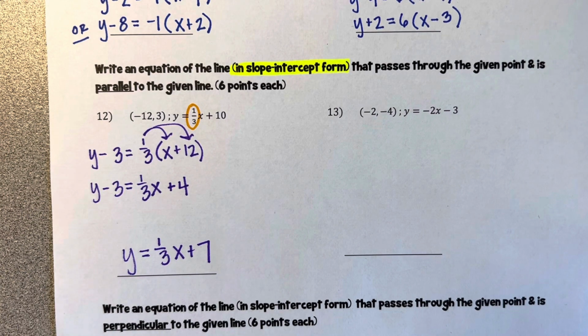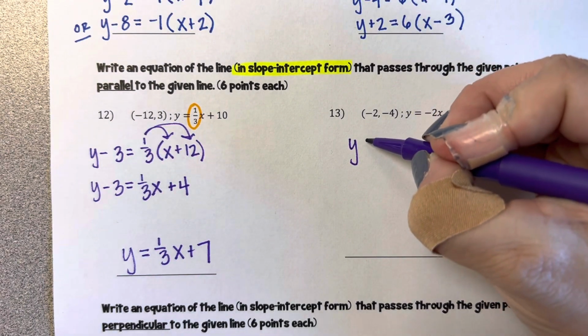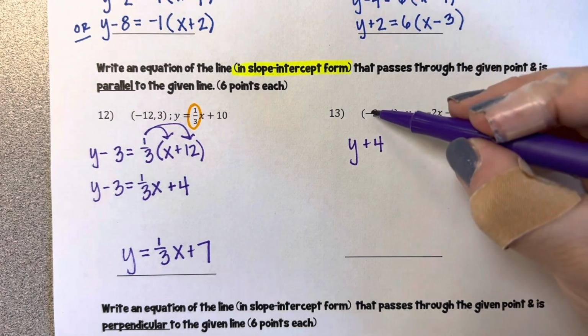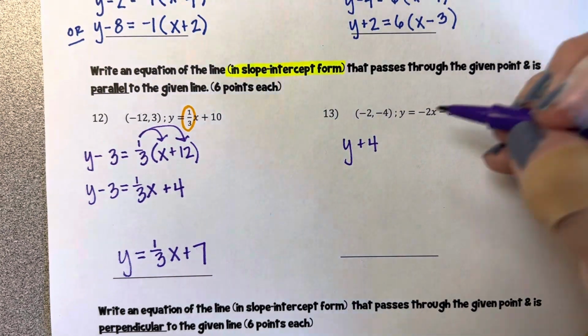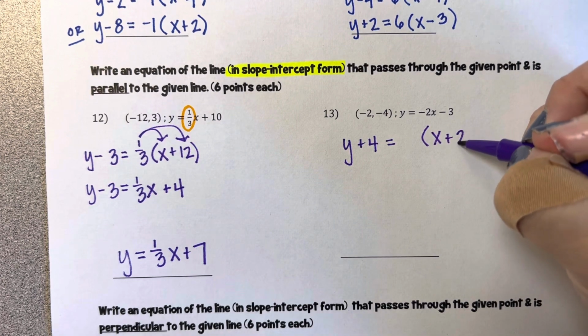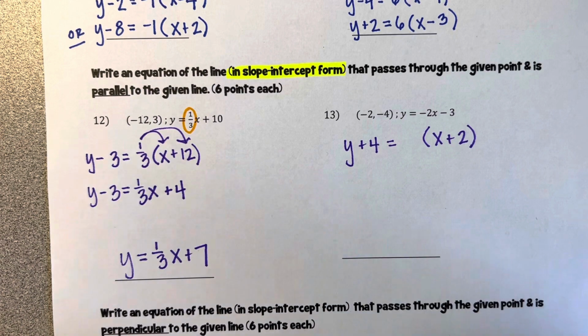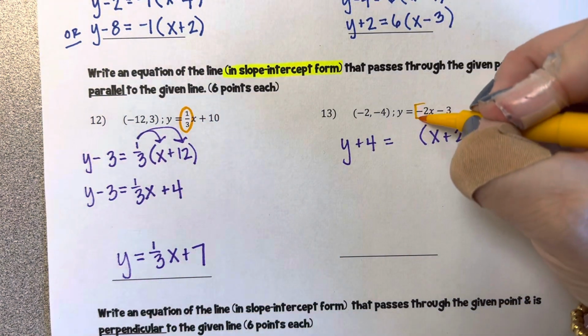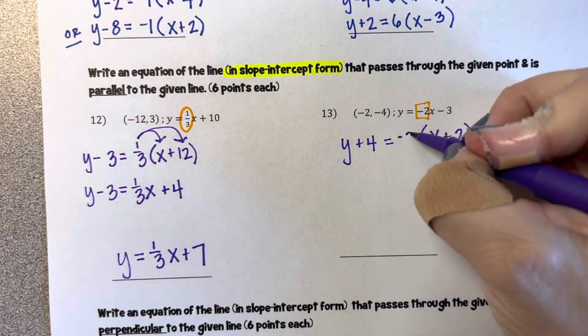Okay, let's do the next one. Same thing. I have my point, y minus the y that I'm given, y minus negative 4, plus 4, equals m times x minus negative 2, which becomes plus 2. And because I'm looking to make my lines parallel, my slope has to be the same as this one, so that's negative 2.